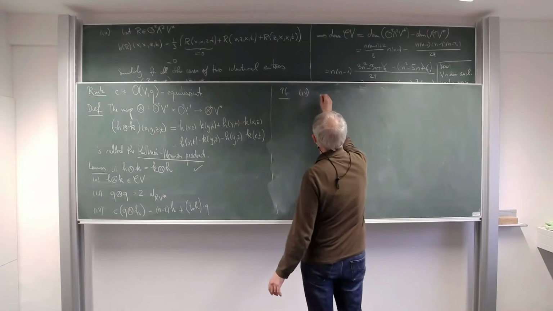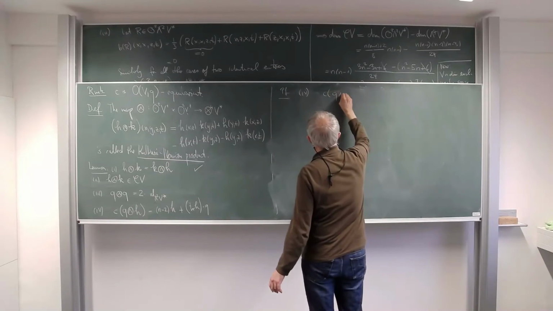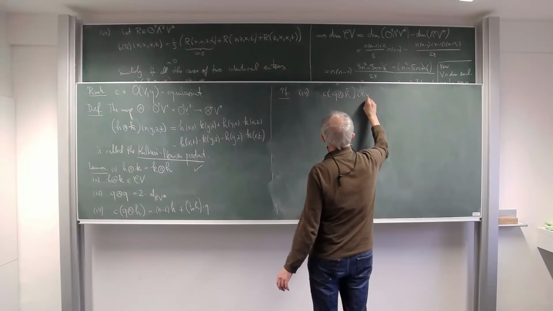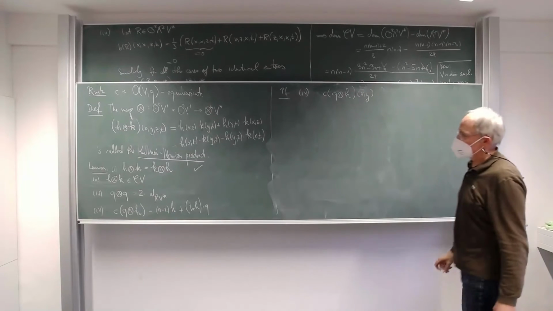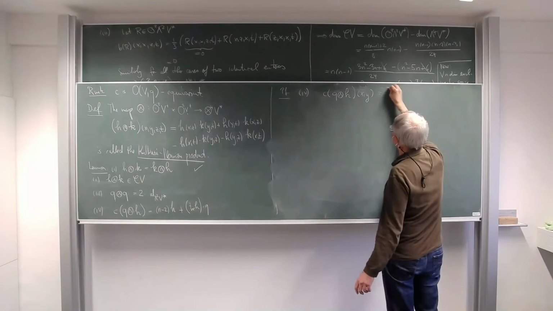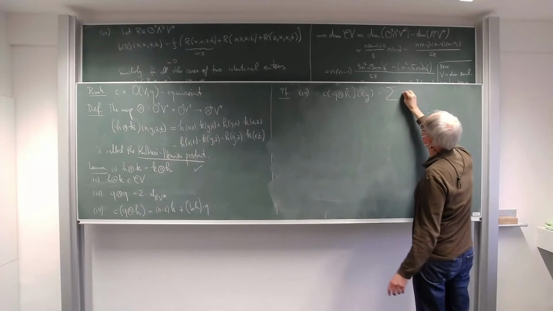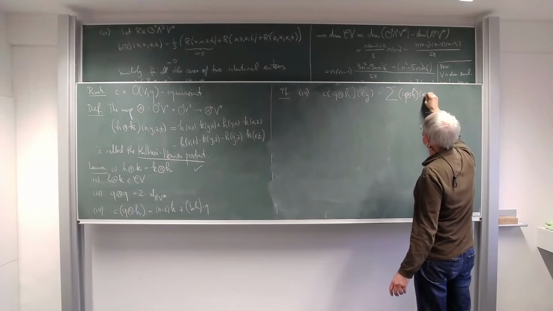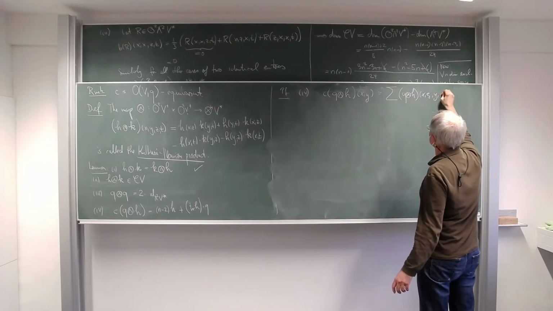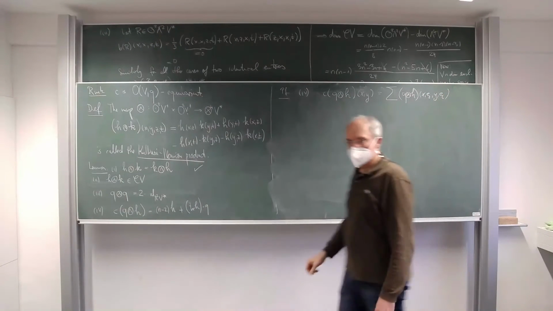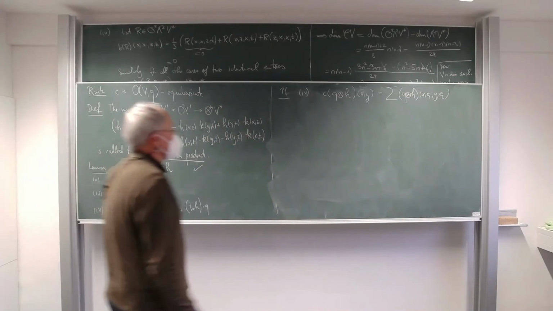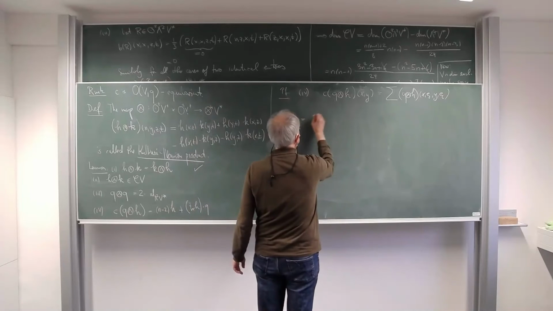Alright, so C of Q Kulkarni-Nomizu H applied to two vectors x and y. We need to compute that. So by definition, this is the trace of Q Kulkarni-Nomizu H applied to x, e_i, y, e_i, where e_i is an orthonormal basis. And now let's spell this out.